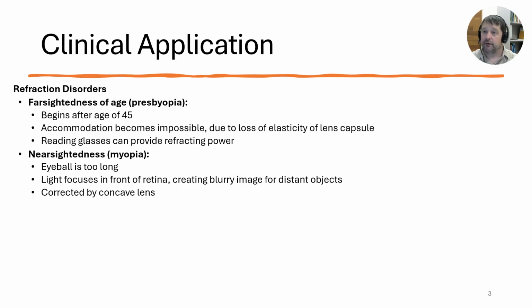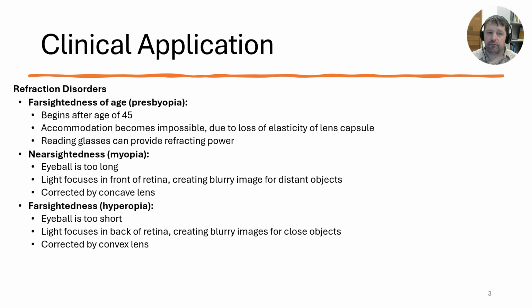That could be the concave lens of eyeglasses, it could be the concave lens of a pair of contacts, or you could have it corrected with something like LASIK surgery, where you're actually correcting the myopia.